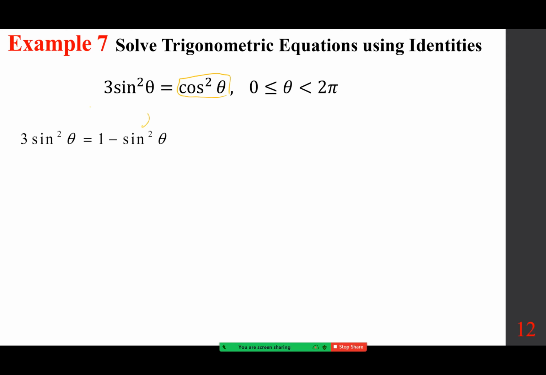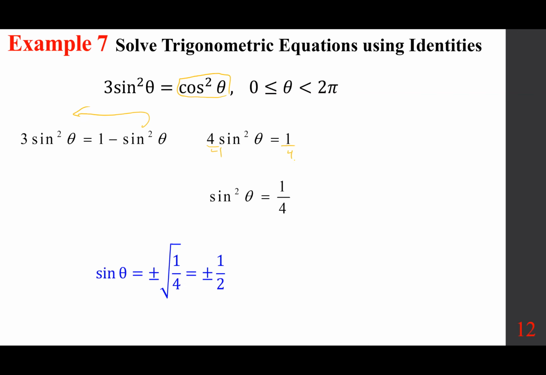This goes to the other side and it becomes positive, so we have 4 of them. And if I divide by 4, sine squared is 1/4, and sine is plus minus the square root of 1/4, or plus minus 1/2.